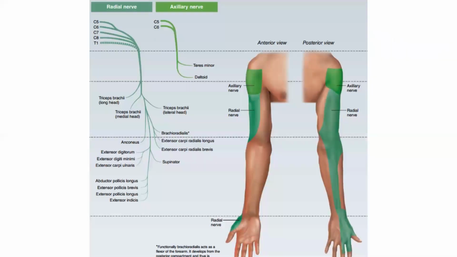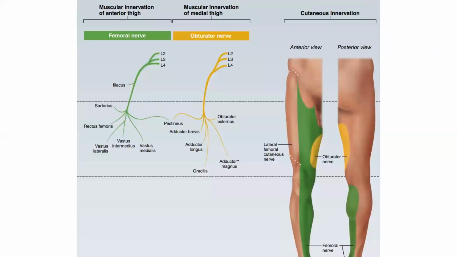Of course, all the sensory information will also be carried by named nerves, for example the axillary nerve, radial nerve, femoral nerve, and obturator nerve.